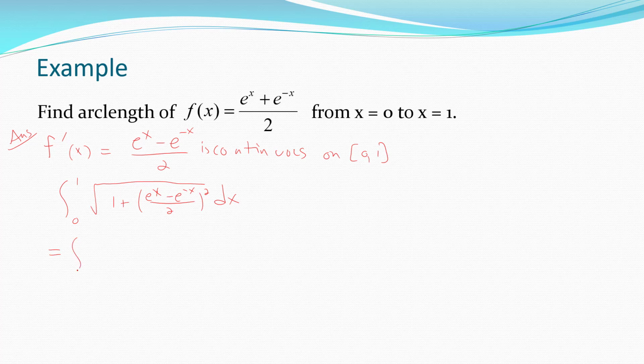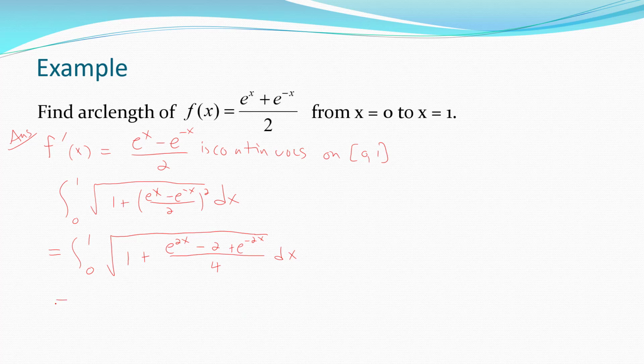So distributing the product, that would give you from 0 to 1 the square root of 1 plus e^(2x) over 4, minus a 2, plus an e^(−2x), dx.